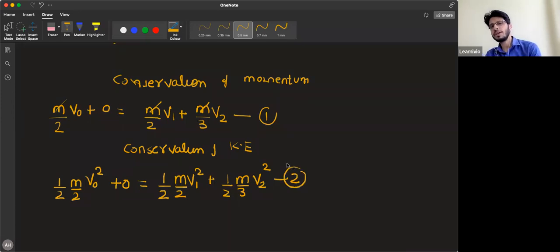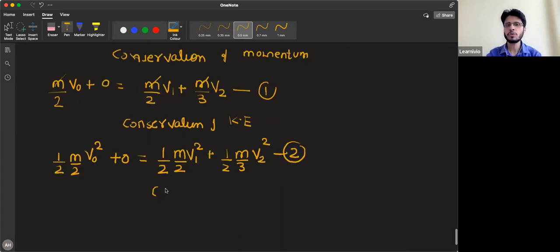But it will be very lengthy. If you are solving these equations, it will take 3-4 steps. So you can save some time. Instead of using conservation of kinetic energy, you can use the coefficient of restitution.